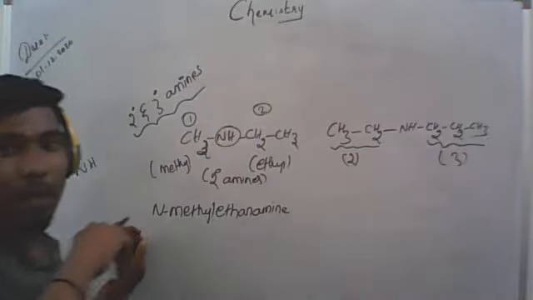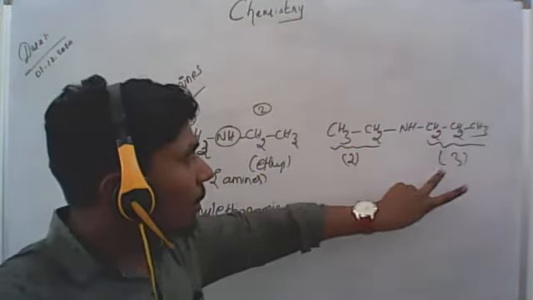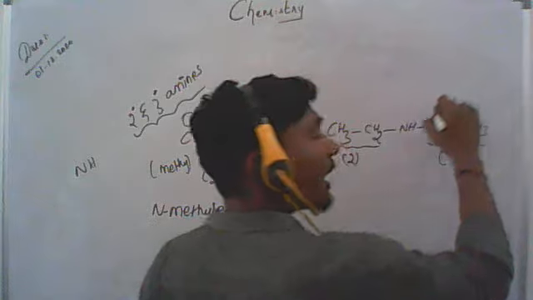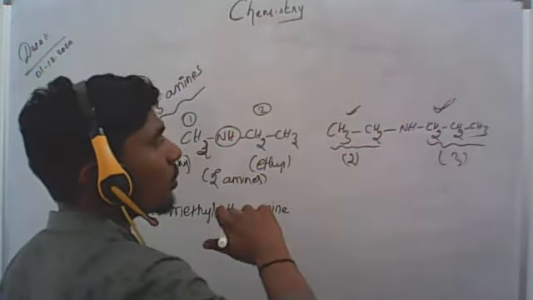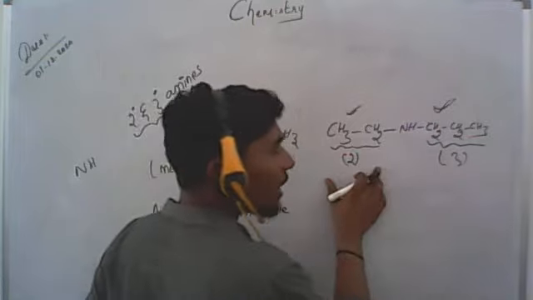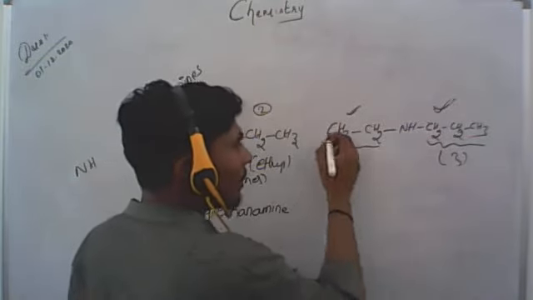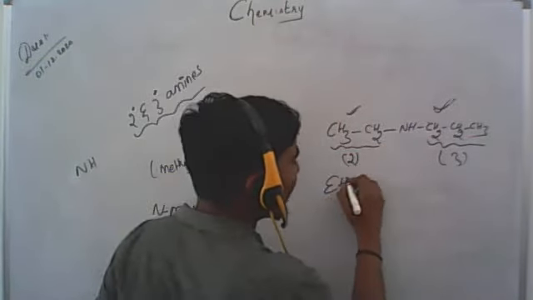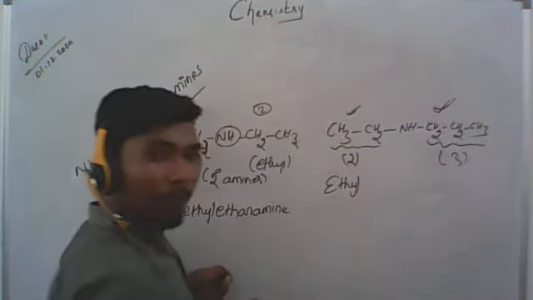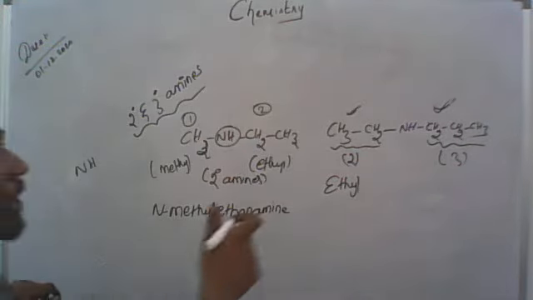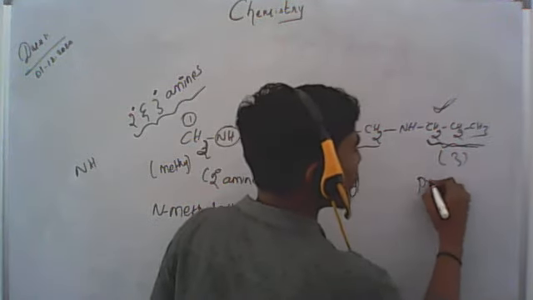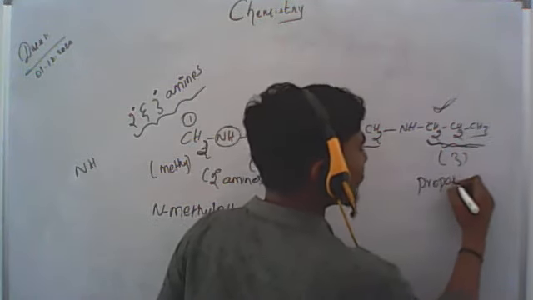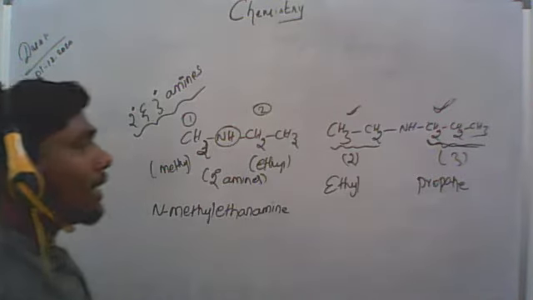The side with fewer carbons we convert to an alkyl group: two carbons, so it is an ethyl group. The other side we convert to the alkane: 3 carbons, so it is propane.